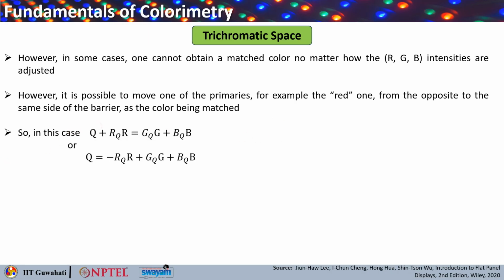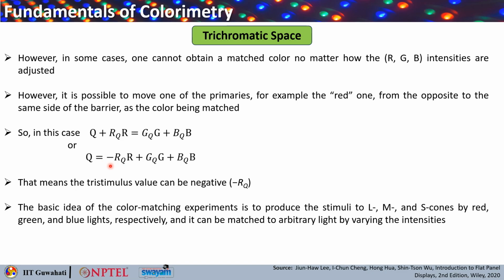That means, you wanted to match Q equals R Q_R plus G Q_G plus B Q_B. Instead of doing that, you move the red to the same side of the barrier. So, you start getting a negative tri-stimulus value. With that you are able to match the color.